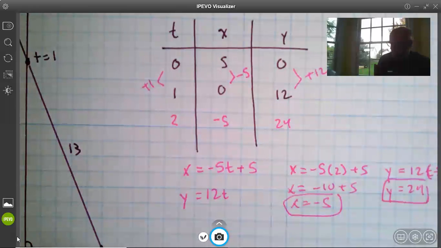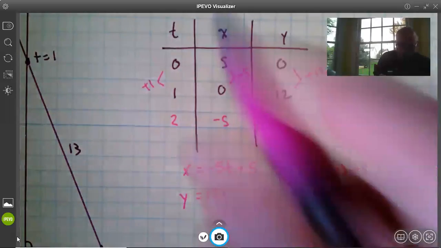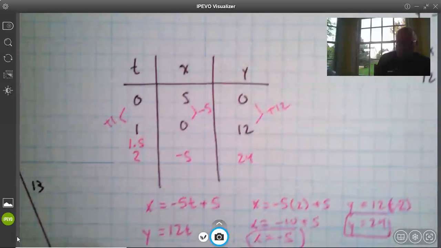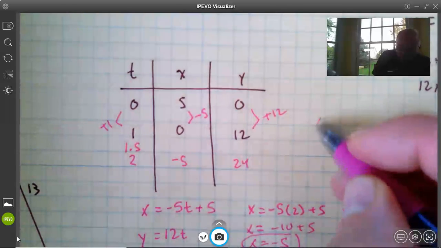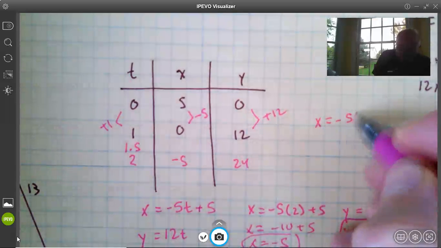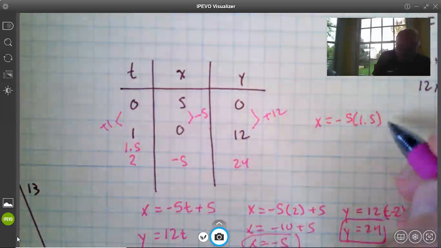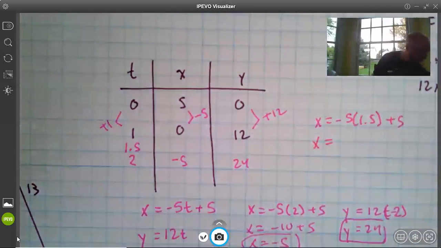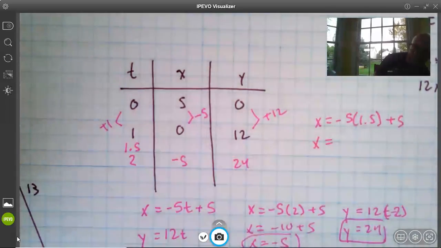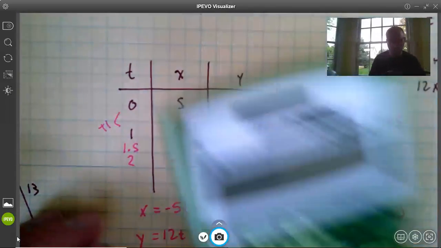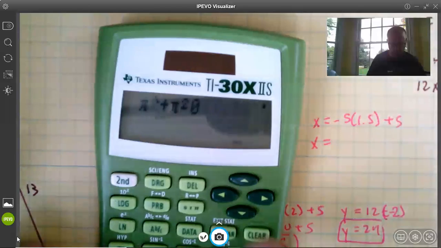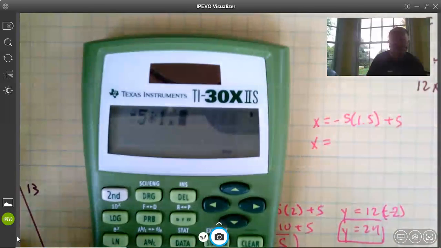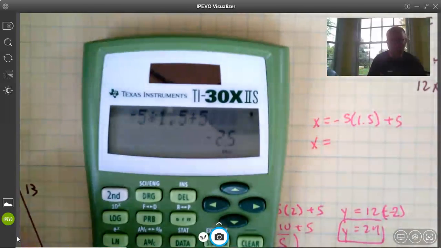Let's find where the bug is at t equals 1.5. So let's just plug those in. X equals negative 5 times 1.5 plus 5. I don't feel like doing all this in my head, so I'm just going to pull up a calculator. We've got negative 5 times 1.5 plus 5 gives us negative 2.5.